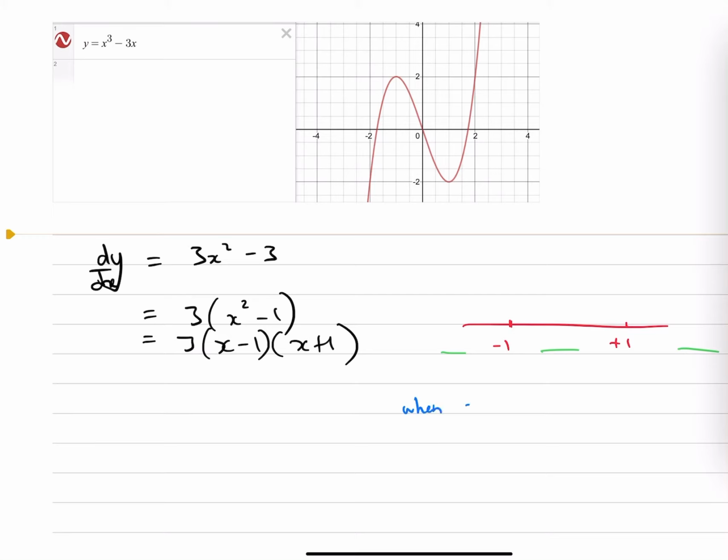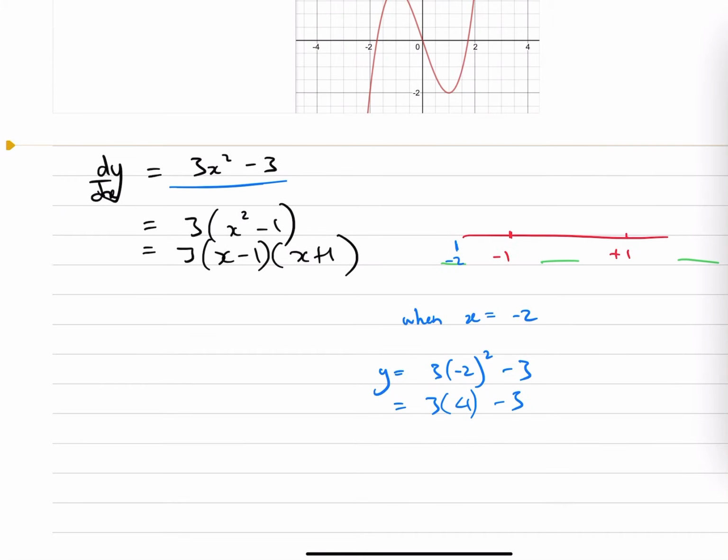So I'm going to pick, let's say, when x equals minus 2, down here. What's the derivative doing? Well, I'm going to substitute back into this. So y is equal to 3 times minus 2 squared minus 3, which is 3 times 4 minus 3, which is 9. I don't really care about the number.